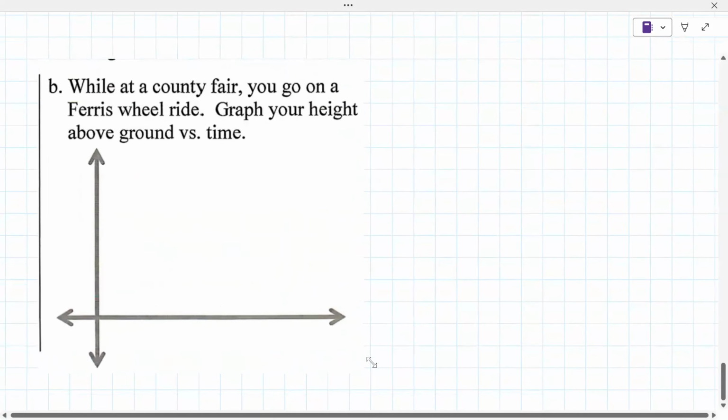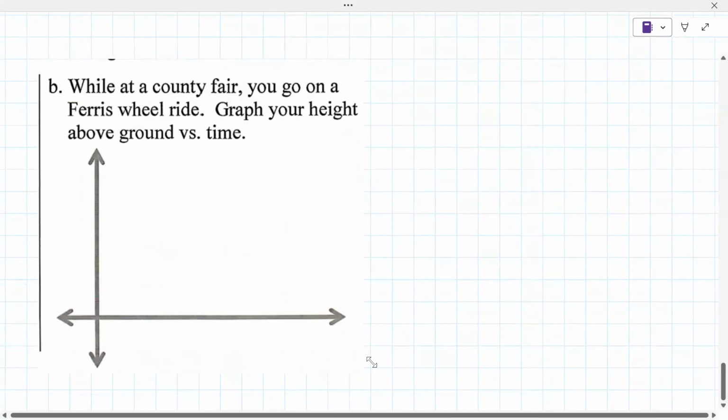You are some distance above the ground, like maybe 2 feet, but usually you step up. So you start right there, a little bit above the ground. And then the ride starts and you get to this position up here. So sometime later you're up here.